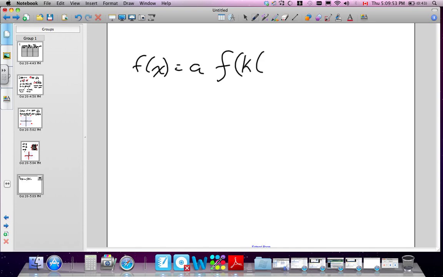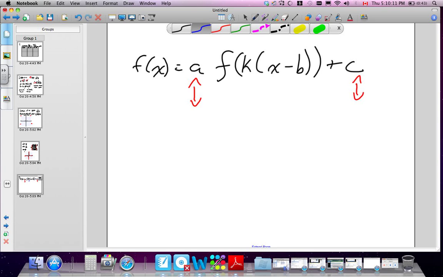And then x minus maybe b plus c. I think that's what your book uses. A, k, and c. And you remember these deal with vertical stretch, vertical transformation, horizontal stretch, horizontal transformation. Okay. So what we want to do is look at how this would have affected our function. Now let's go back up here.